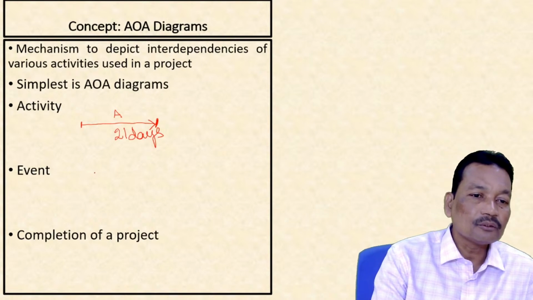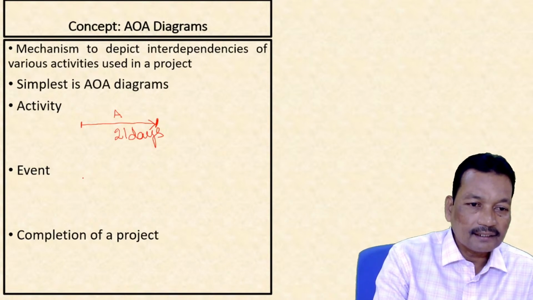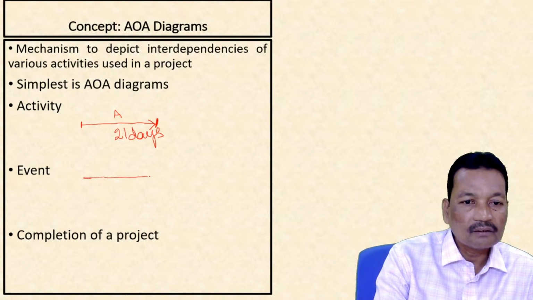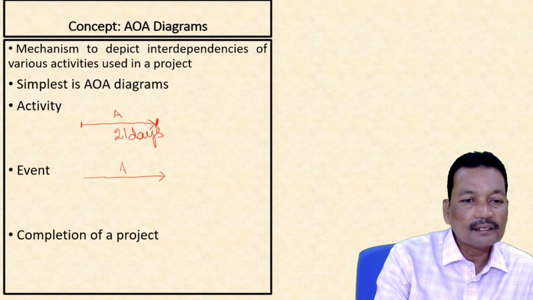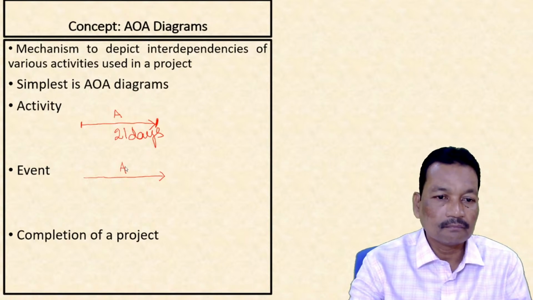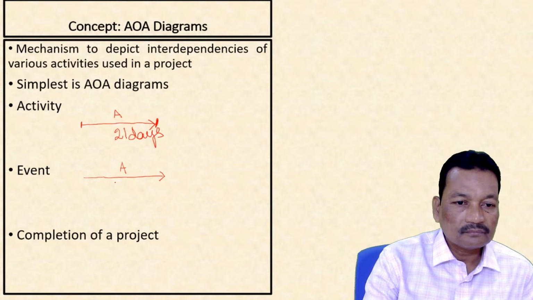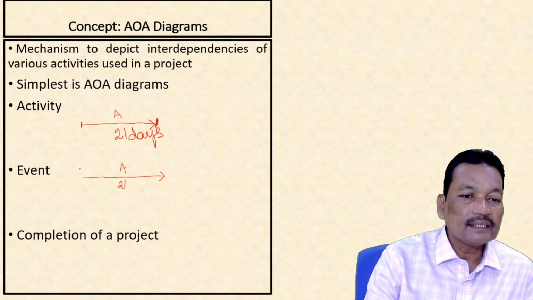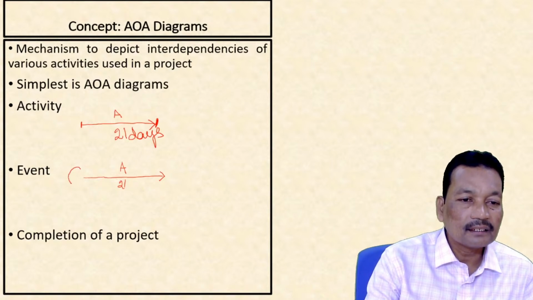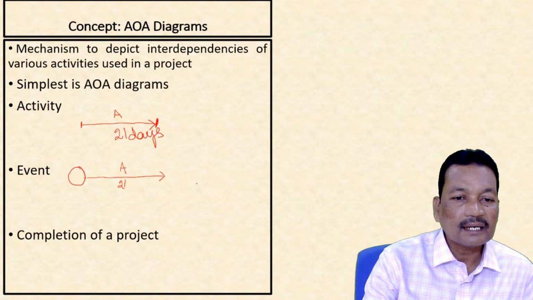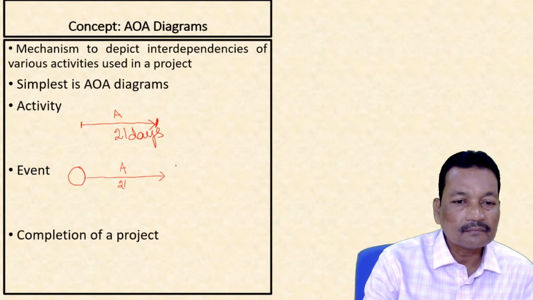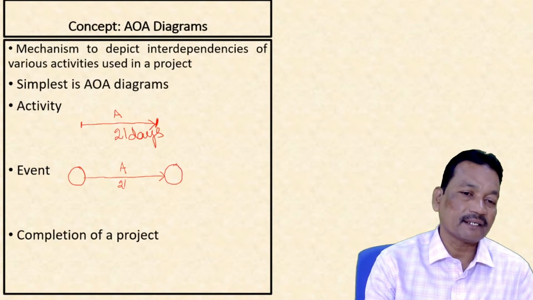Next, we move on to suppose activity A. This is our activity A that we already had. It was taking 21 days. Now, each activity has a starting point and a definite finishing point.